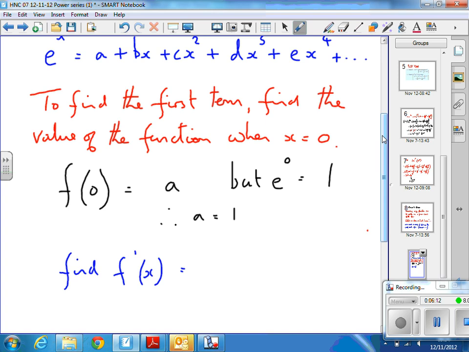Thank you, Mark. What about the differential of bx in terms of x? What will I end up with? Just b, because the x disappears. What about the next term? Bring the power down, so it'll be 2cx. Okay, what about the next term?